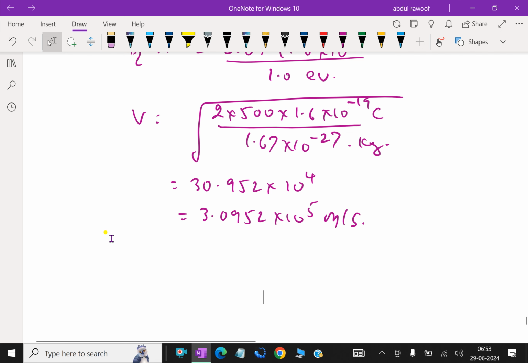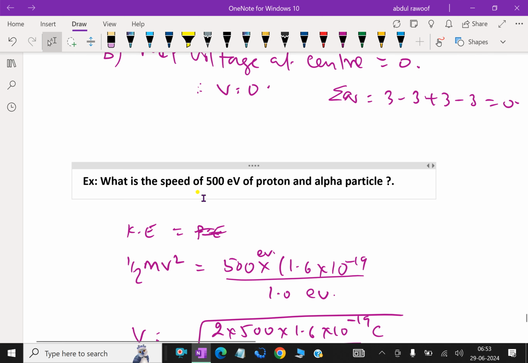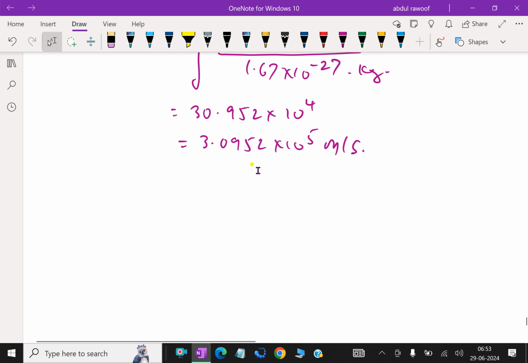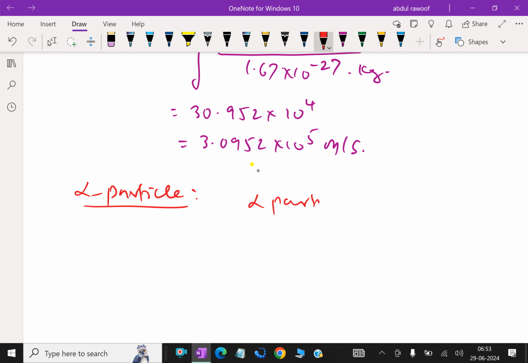Now we are calculating the speed of a 500 electron volt alpha particle. We know that the alpha particle has 4 times the mass of one proton.